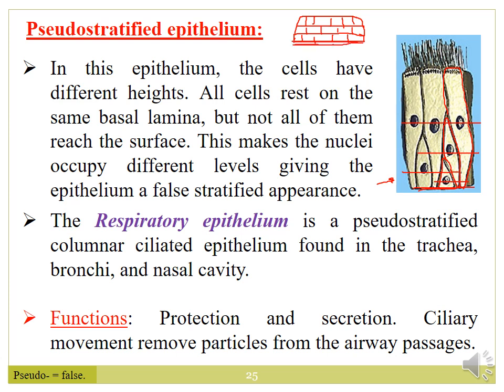But in this case, the cells all are lying on the same basal lamina, which means all the cells are on the same level. But because they have different heights, their nuclei occupy different positions, giving them a false stratified appearance. So if you want to be scientific about this, the epithelium is actually simple because it is formed of a single layer of cells.